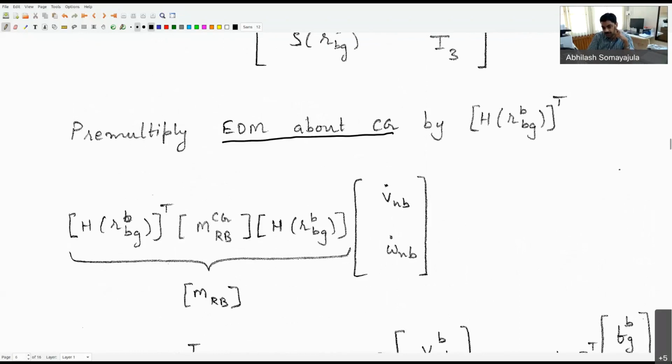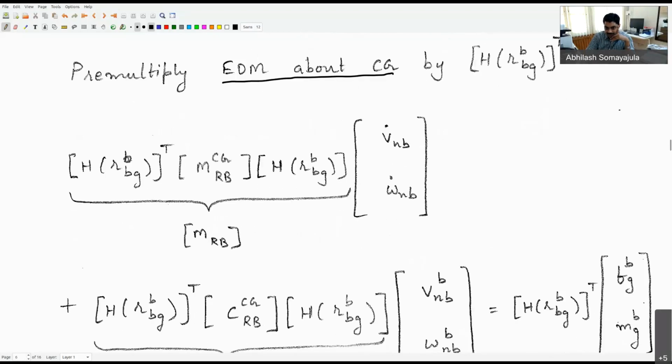That I am transforming into the velocity vector about the body fixed frame's origin, which is why I have H times this new velocity vector. Tell me if this is clear.